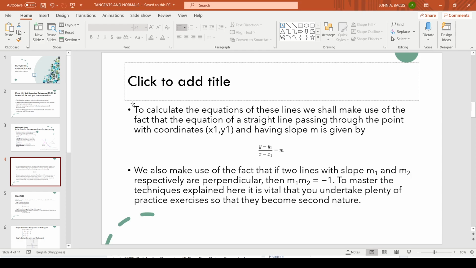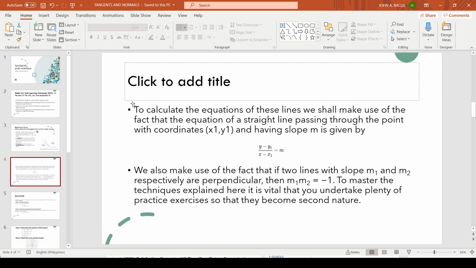So, guys, remember that in your previous mathematics, I'm very confident that you know how to get the equation of a line. So, the equation of a line given a slope is simply y minus y sub 1 over x minus x sub 1, where x sub 1 and y sub 1 are points given already.